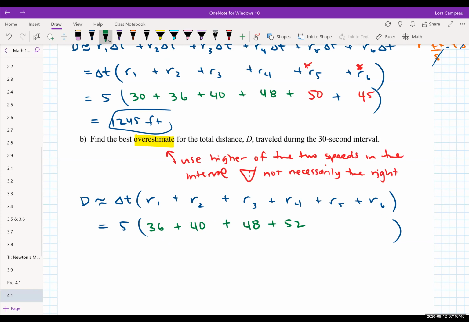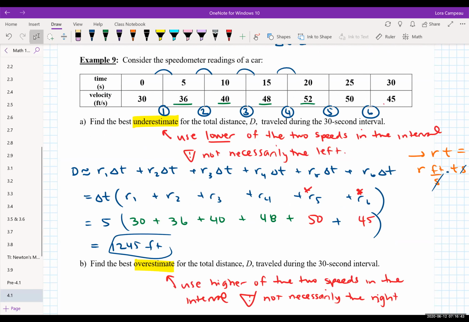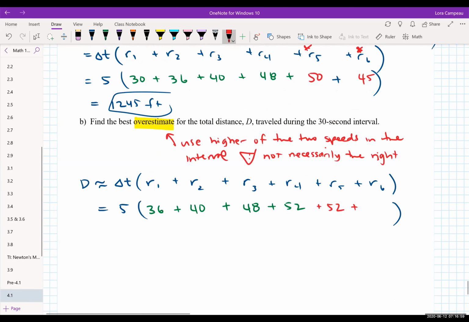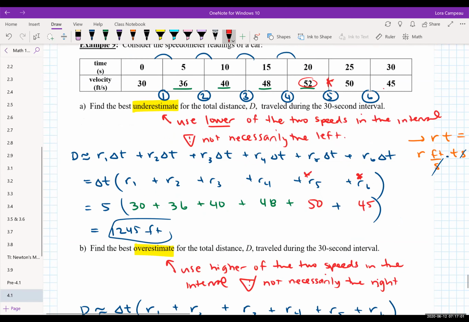R5, let's look at interval 5. So we either have a choice between 52 or 50, and if we are overestimating here again, this interval is the one where we are now choosing, this time it's the left endpoint, because we want the higher value. R6, also the issue of not just automatically the right-hand endpoint.